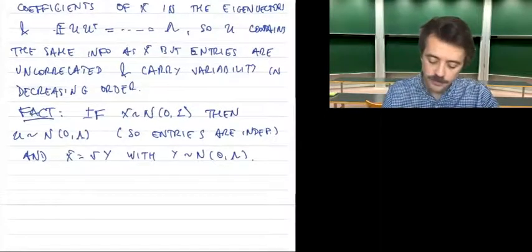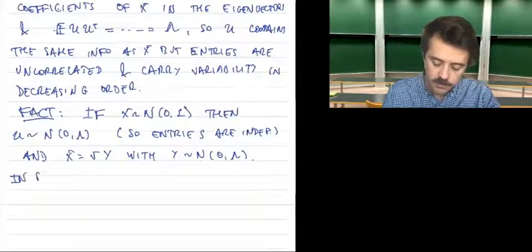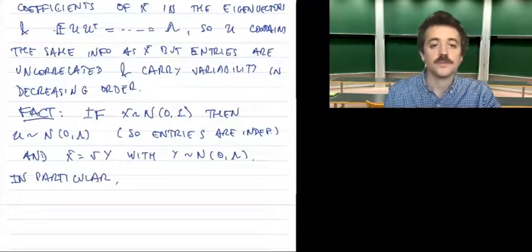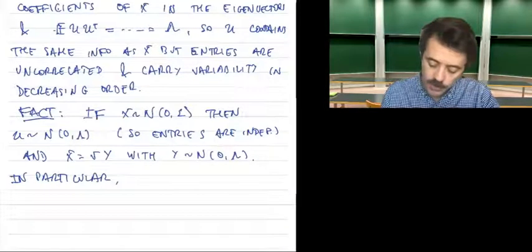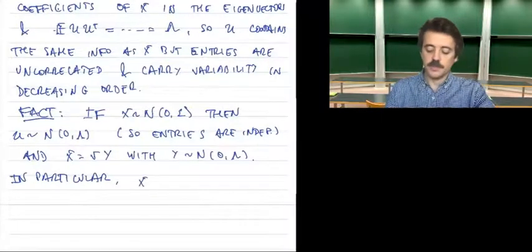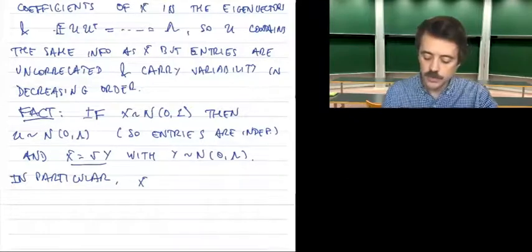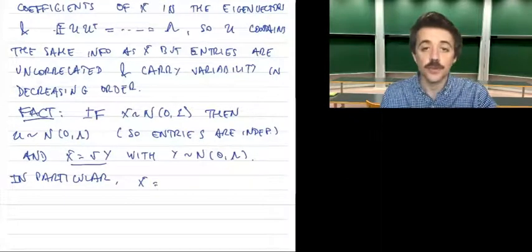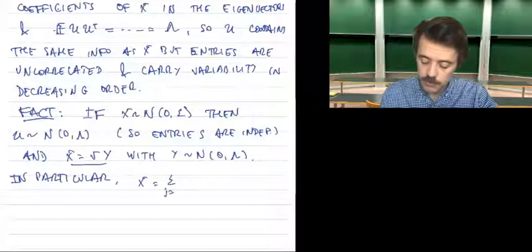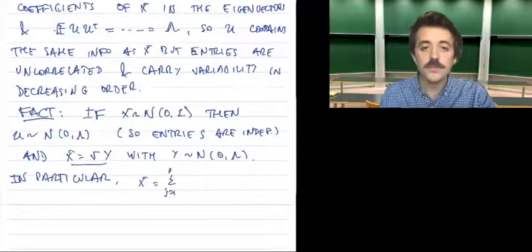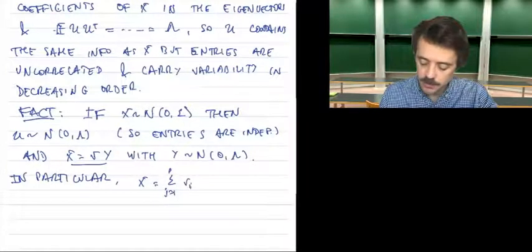So what do we get from this? In particular, we're going to be able to write X, from the last bit here, as the sum from j equals 1 to p of Vj Yj.